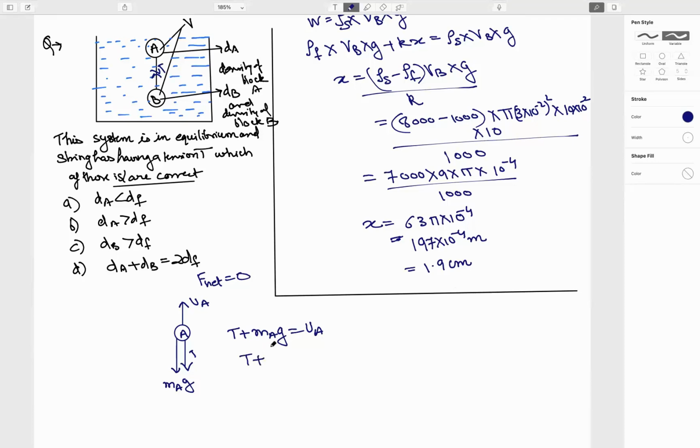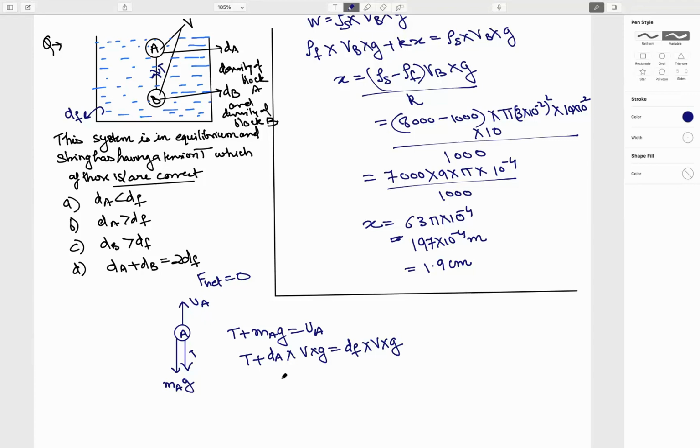So T plus density times volume of the block, V for both blocks, so dA into V into g, is equal to the upthrust, which is density of fluid dF into V into g.